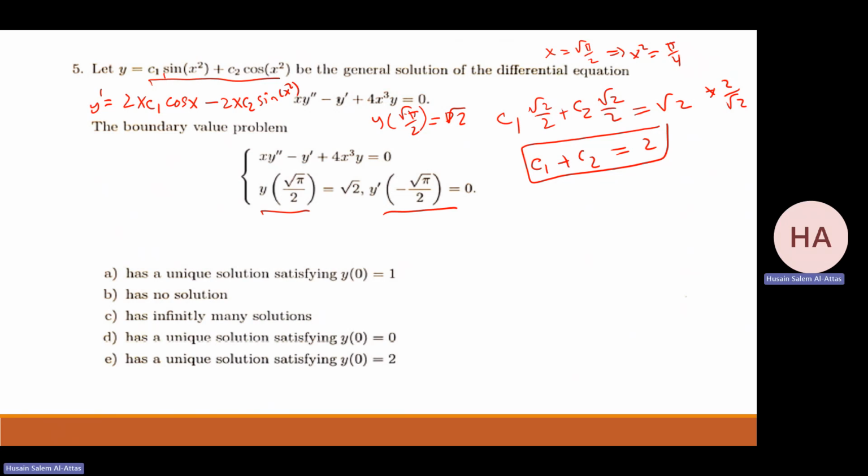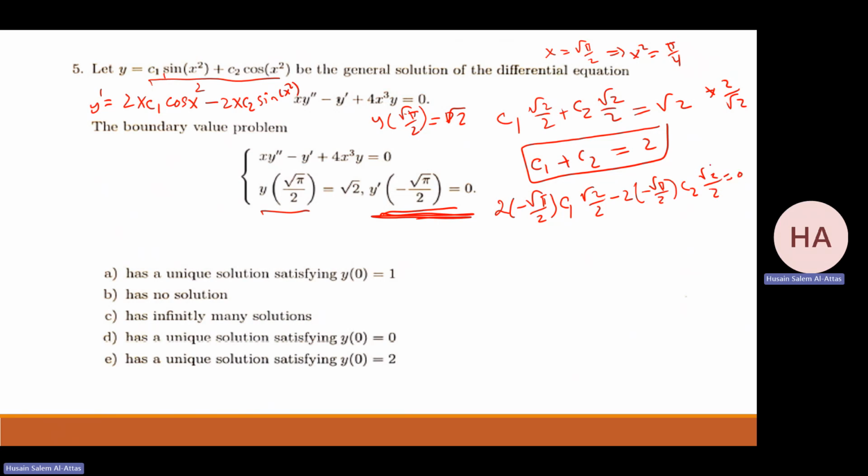Now for the second condition, which is this one, what kind of equation do I get? Be careful. I have 2 times the square root of pi over 2, C1 cosine x squared, which is square root 2 over 2, minus 2, same thing, C2 square root 2 over 2.